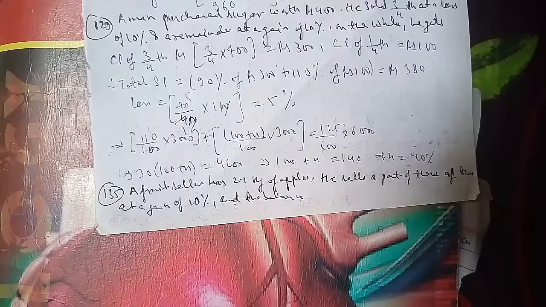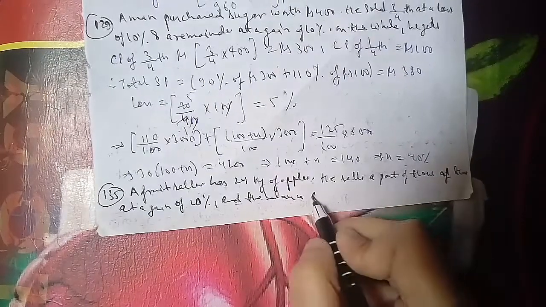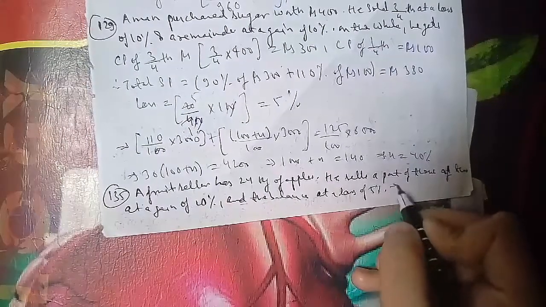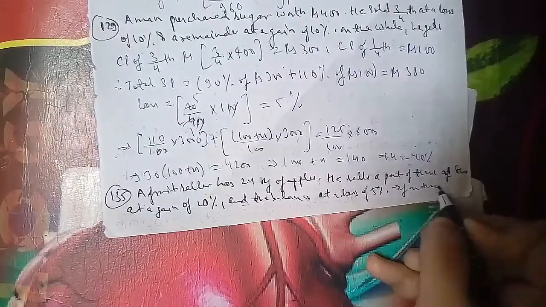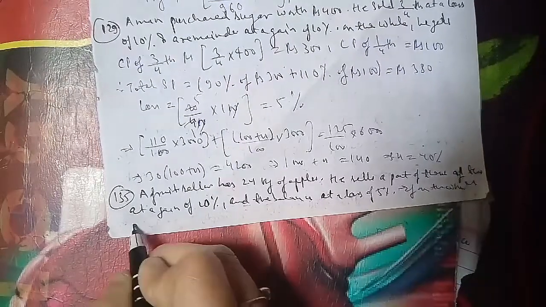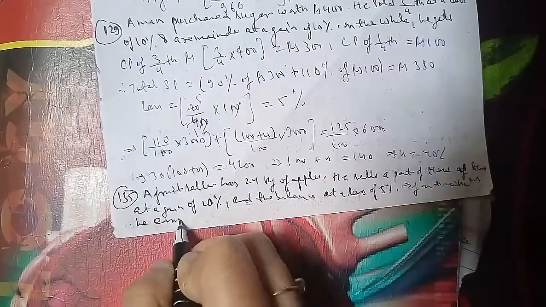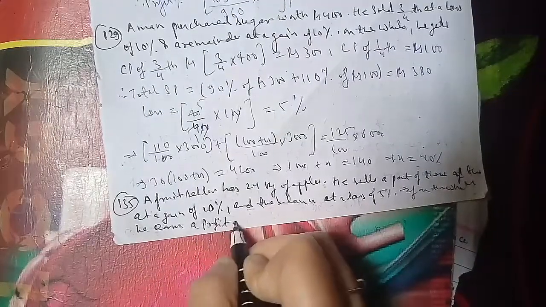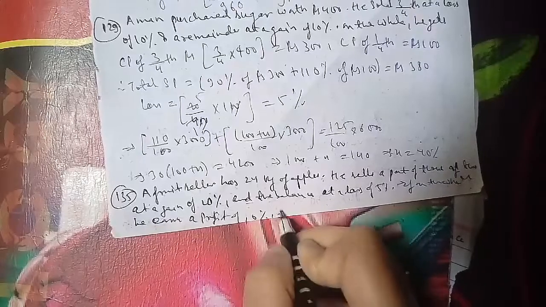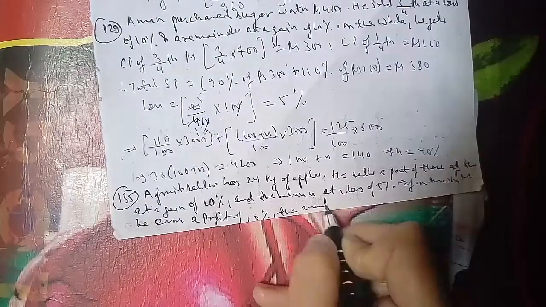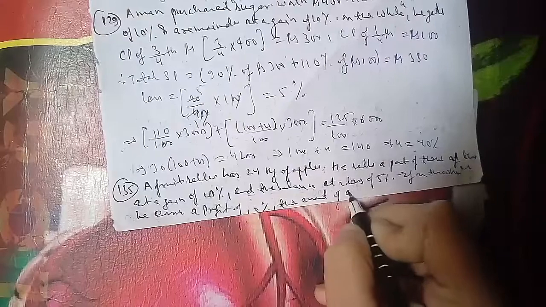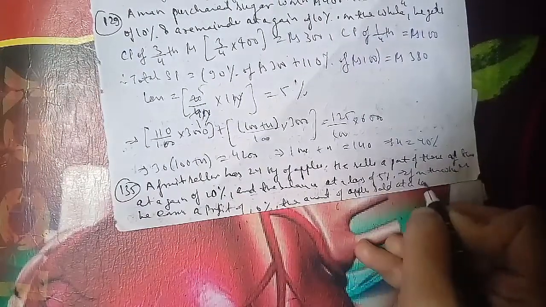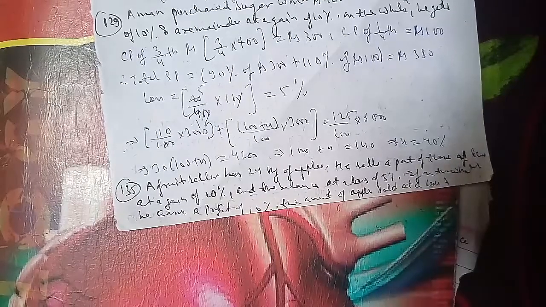If on the whole he earns a profit of 10%, the amount of apples sold at a loss is. The options are 4.6 kg, 6 kg, 9.6 kg, 11.4 kg. We go ahead for the same with the 135th solution here.